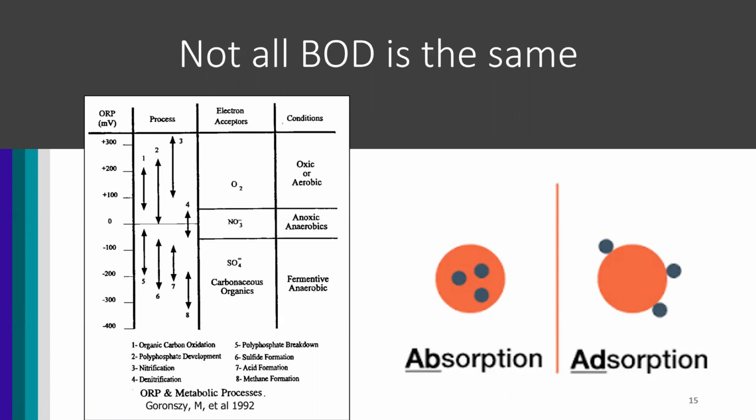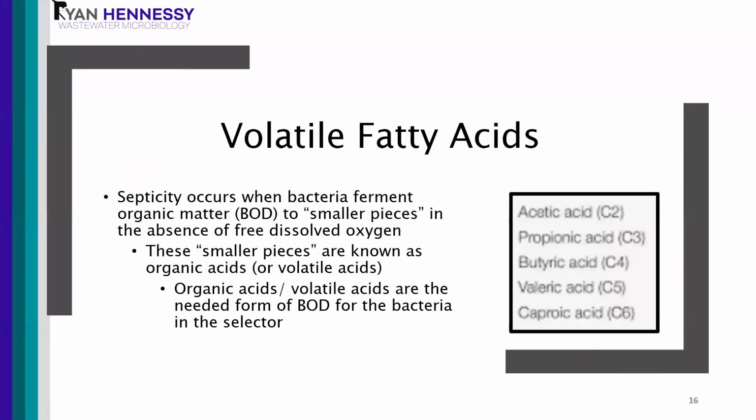Then you have other material that would be adsorbed, where the bugs are going to kind of catch it on the outside, and then eventually enzymes and other things are going to break that down. So a good analogy would be more like your higher glycemic, or like oatmeal, where it takes a little bit longer to become available.